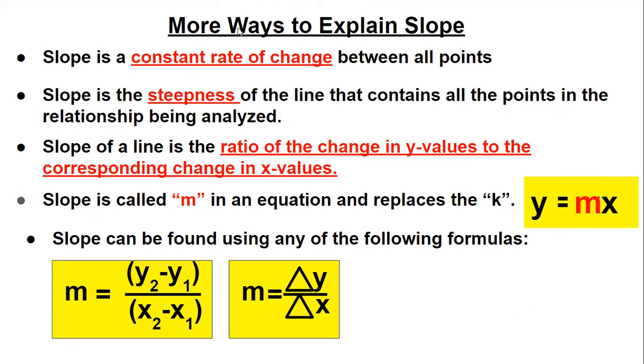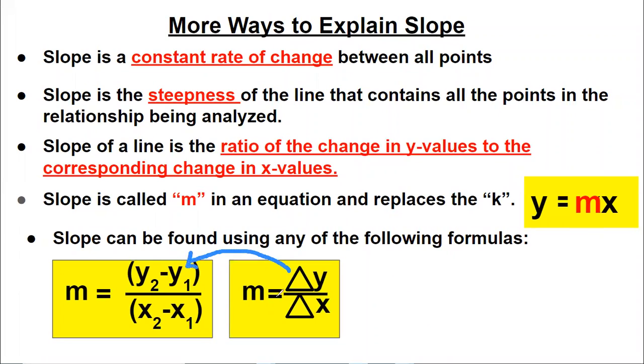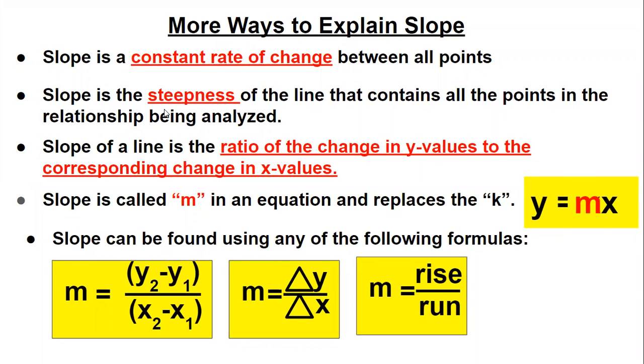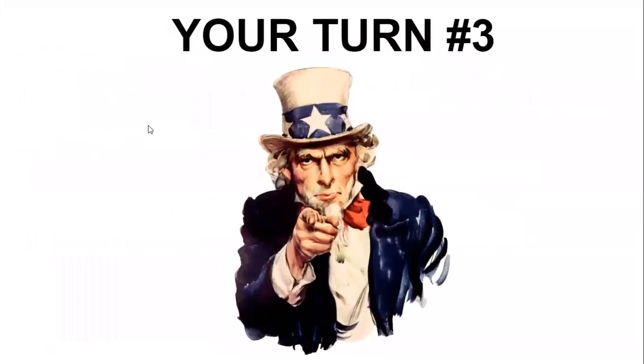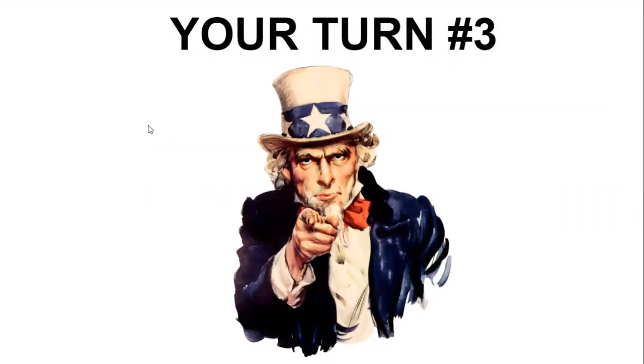And isn't that what we're doing right here? We're finding a change from one y value to another, from one x value to another. It's just another way of saying the same thing. And slope is also rise over run. Rise over run. So we'll talk about that. So it's your turn to answer some questions.